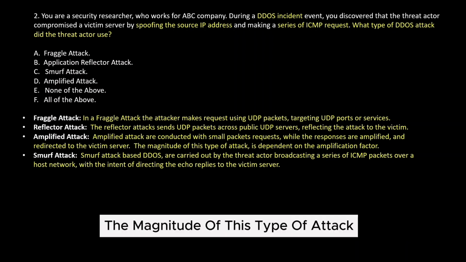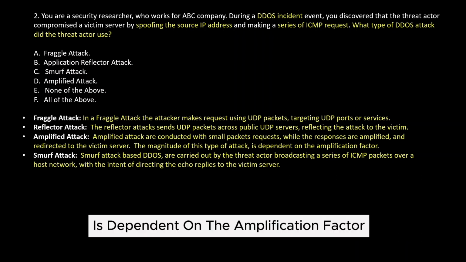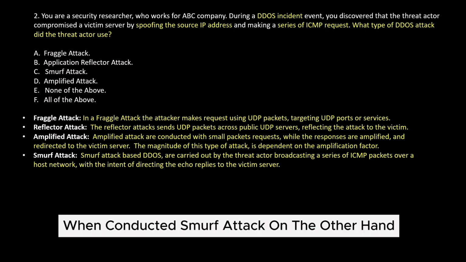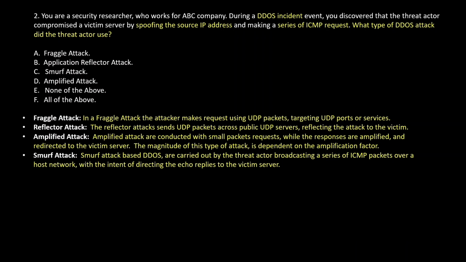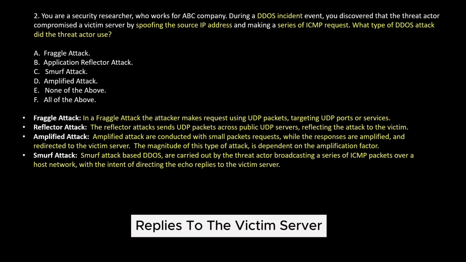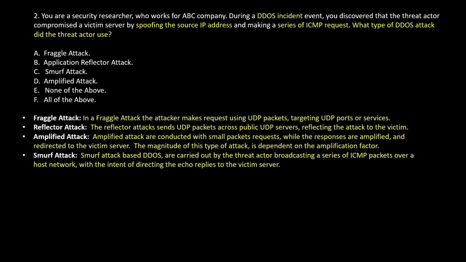The magnitude of this type of attack is dependent on the amplification factor when conducted. Smurf attack, on the other hand, is carried out by the threat actor broadcasting a series of ICMP packets over a host network with the intent of directing the echo replies to the victim server.